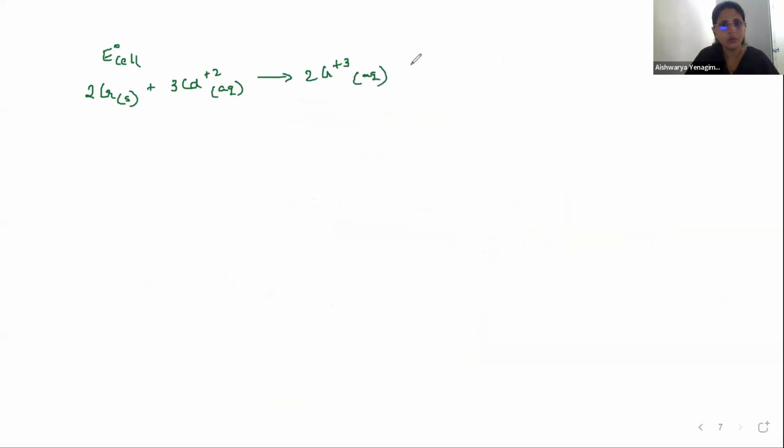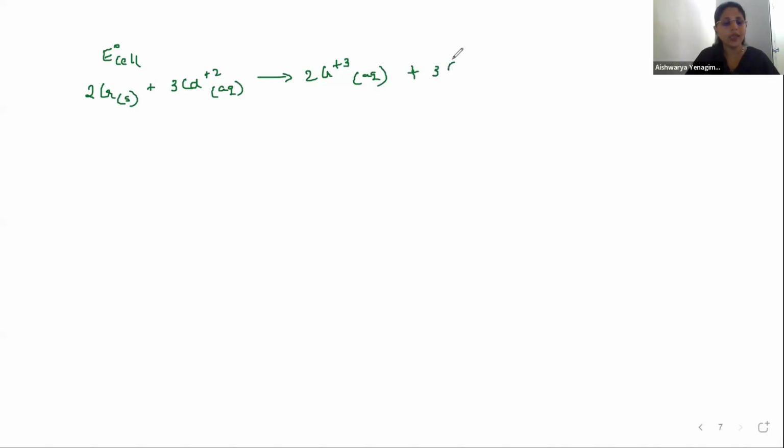Let me take one more example. Calculate the standard cell potential, E naught cell, of a galvanic cell in which the following reaction takes place. I'm not writing the entire question here. So I'll write the reaction, and you have to do the calculation: 2Cr solid plus 3Cd2+ aqueous gives 2Cr3+ aqueous plus 3Cd.